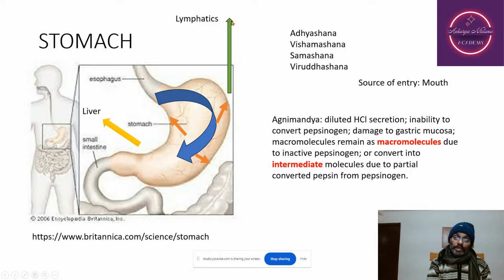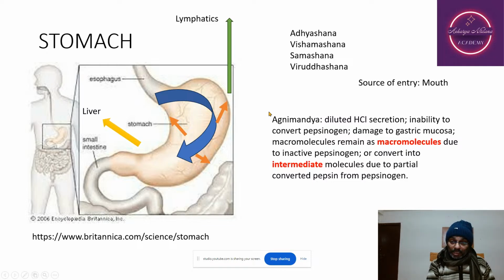From there it will be entering into the superior vena cava, at the junction between the left internal jugular vein and left subclavian vein. When you think about it, this is what happens when the person is consuming adhyashana, vishamashana, samashana, and viruddhashana. This leads to the pathogenesis called Agni-mandya.